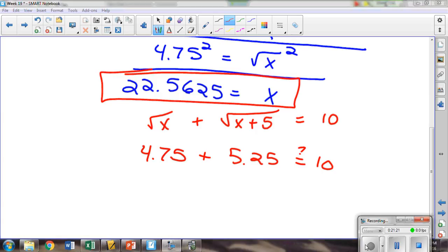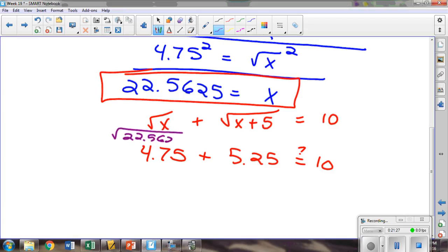Okay, there seems to be a little bit of confusion. This part was the square root of 22.5625, which is going to be 4.75. And I knew that right away because we got that number by taking 4.75 squared. So if I then square root it, I go right back to the 4.75 that created it.